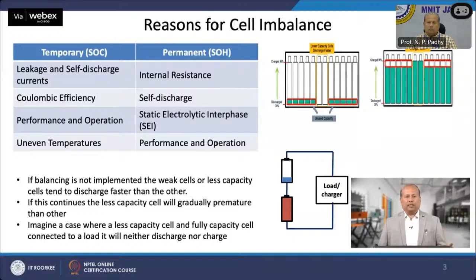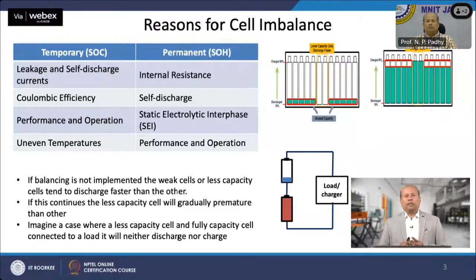Assuming that all the cells have the same composition, the Coulombic efficiency, performance or operation, and self discharge will be the same, leaving the most significant imbalance factors, uneven temperature distribution and leakage currents, current distributed to the BMS.